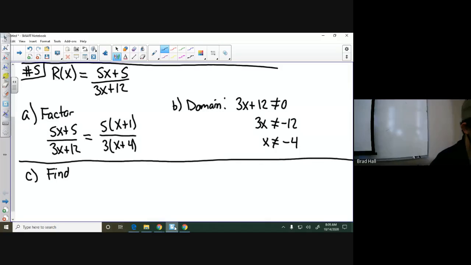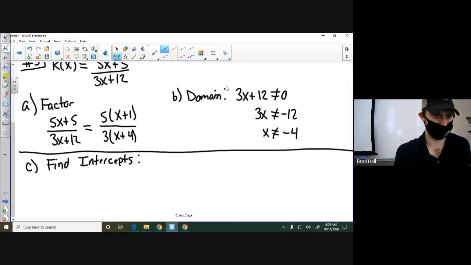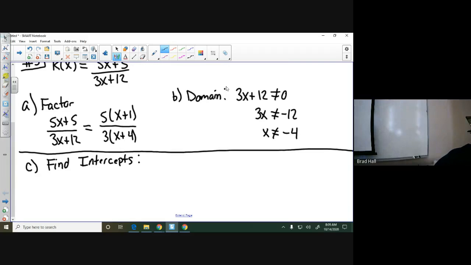So we're going to find the intercepts. So there's the x-intercept, which means we set y equal to 0.